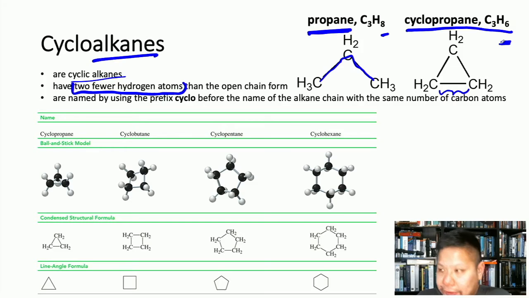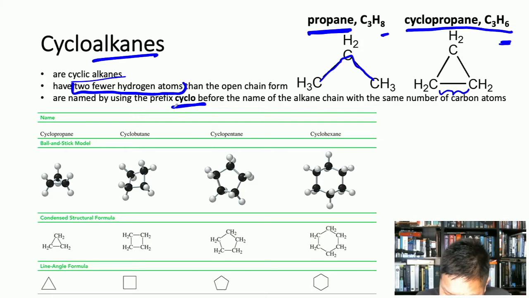All these circular looking or non-straight chain looking alkanes have the prefix cyclo in front of them, right? And they're all going to be missing 2 hydrogen atoms as compared to their straight chain counterparts, right?